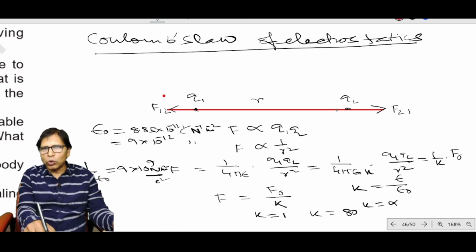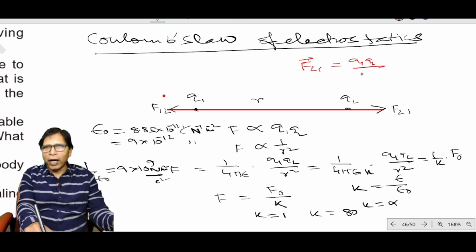Now the vector representation of Coulomb's law. The force on Q2 by Q1, the F21 vector, equals Q1 Q2 by 4 pi epsilon naught R square, in air medium, times R12 cap, where R12 cap is the unit vector directed from Q1 to Q2.